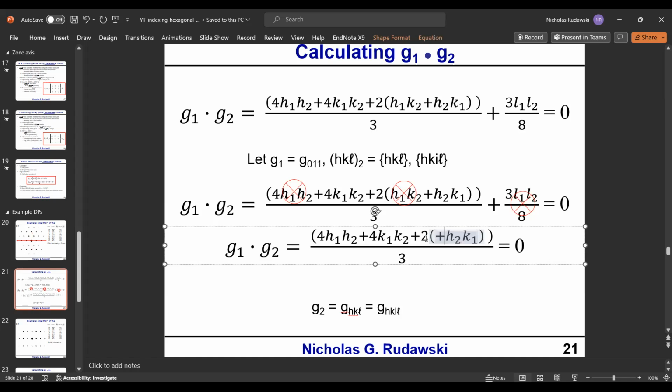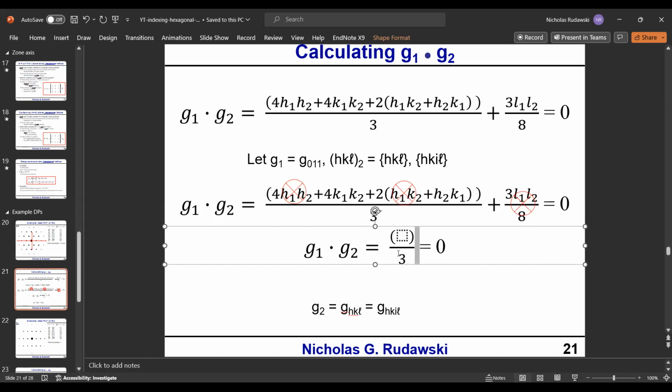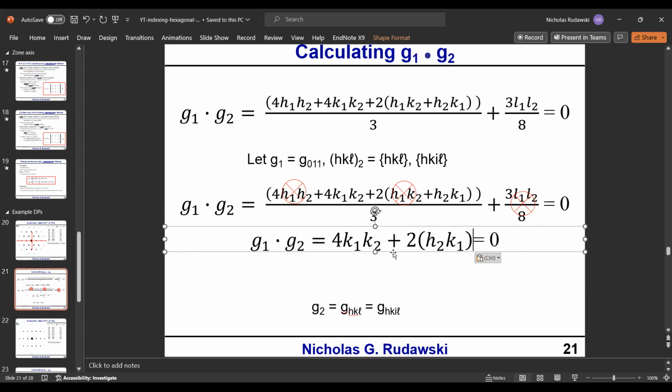This gets removed. This gets removed. This gets removed. So we can get rid of that. Obviously, we don't need the 3 there. So this is what we're left with.